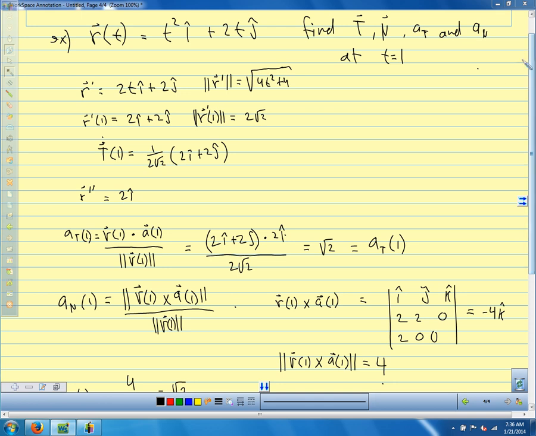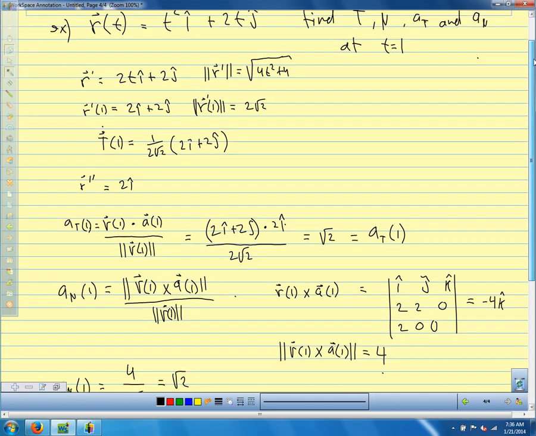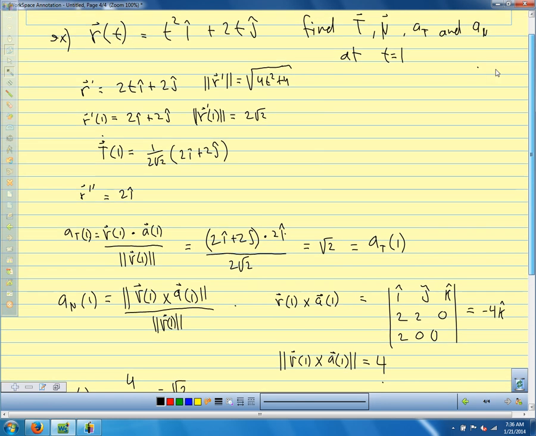What's another way, without using the formula here, because we're in the plane? What's another way I could have found our principal unit normal vector at time equals 1? Remember what we talked about Friday? Our shortcut?